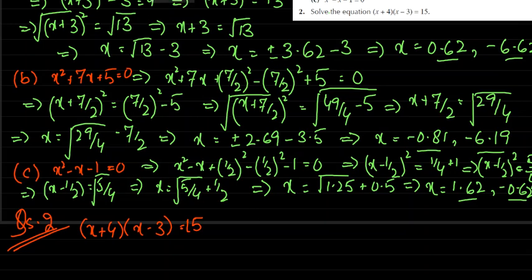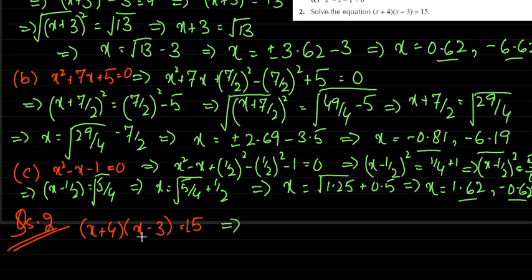Here, first of all we'll open the brackets. Otherwise we will not be able to solve the question, because here it is not precisely in the form of a plus b whole square.